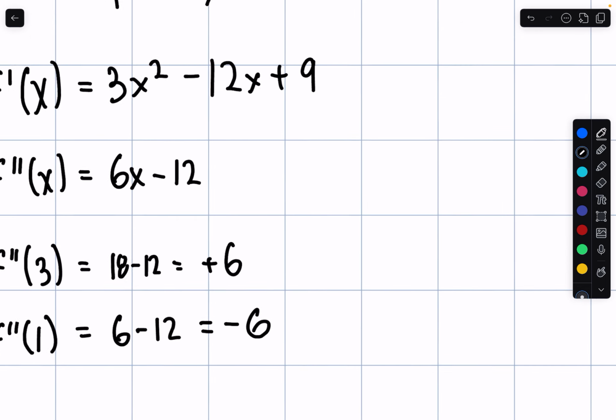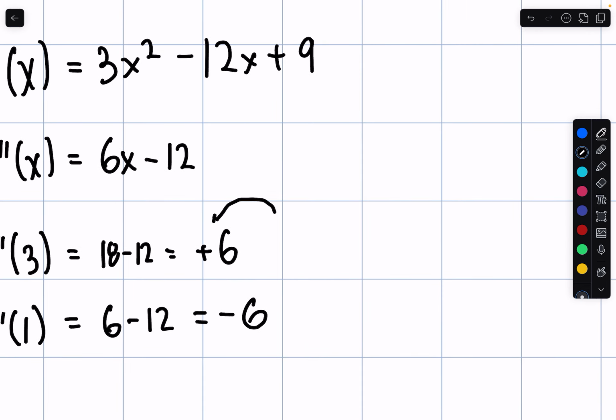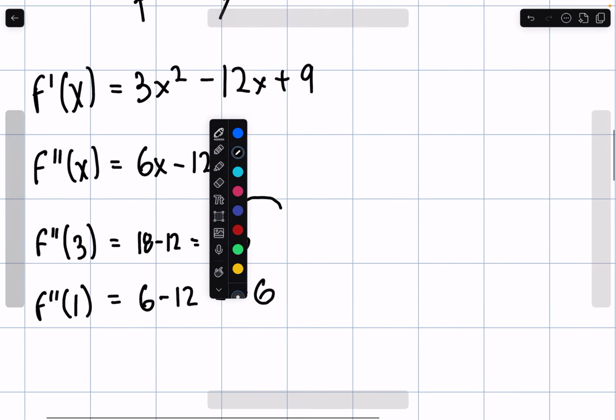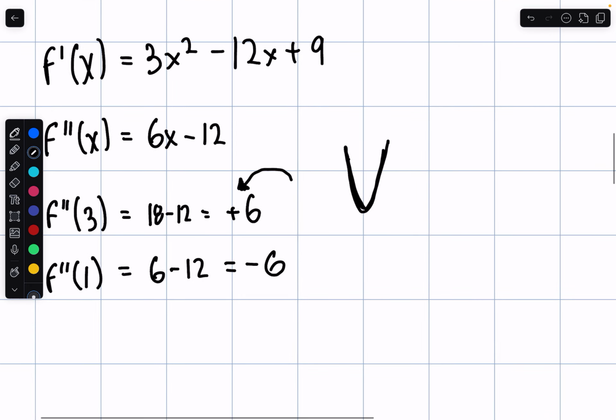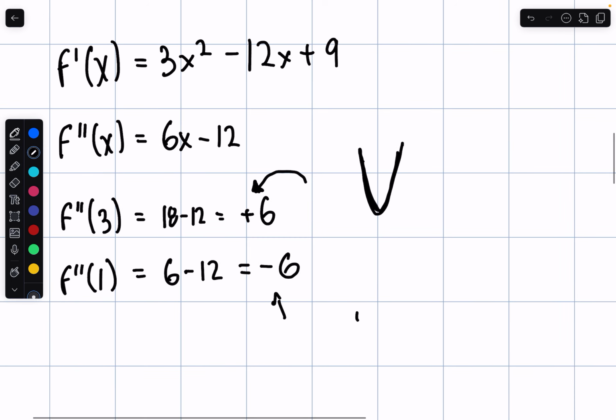Now what this means is that at x equals 3, we have a positive second derivative, which means it's concave towards the top. And at x equals 1, we have a negative second derivative, which means we're concave towards the bottom.